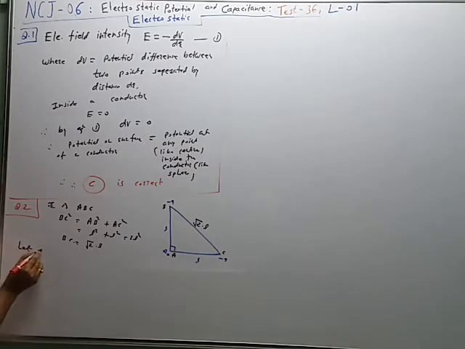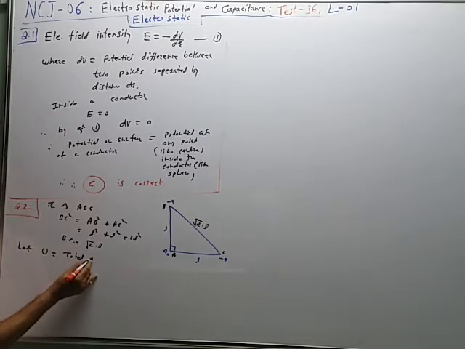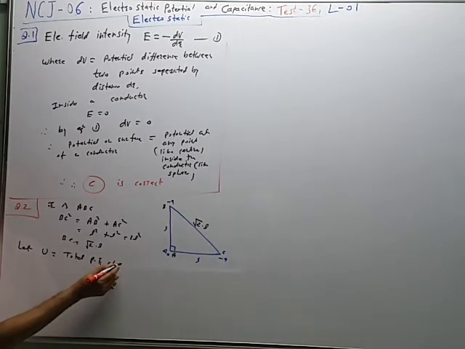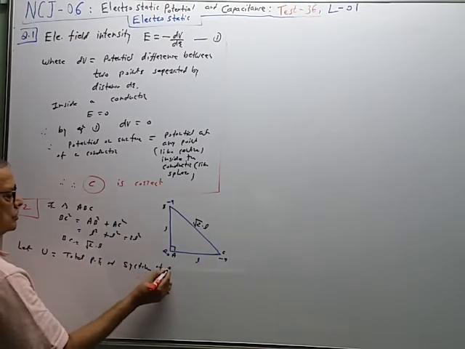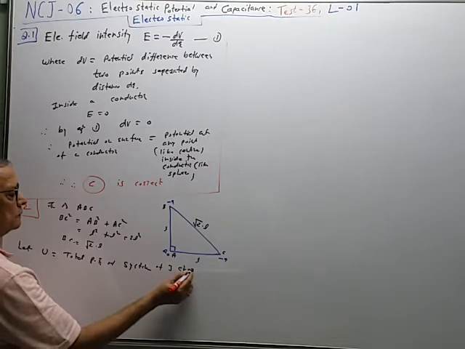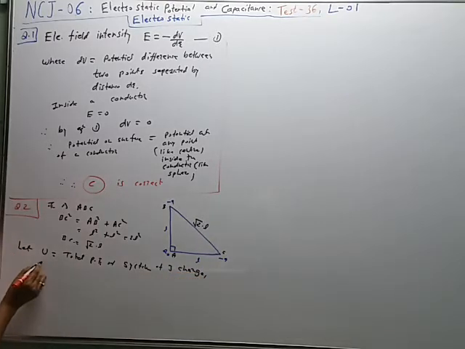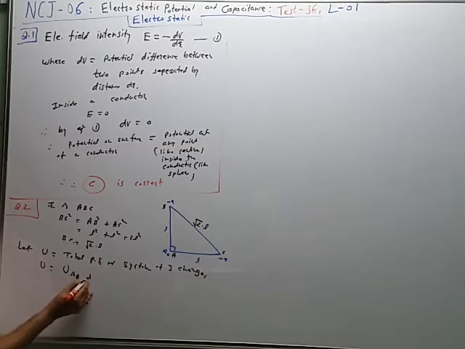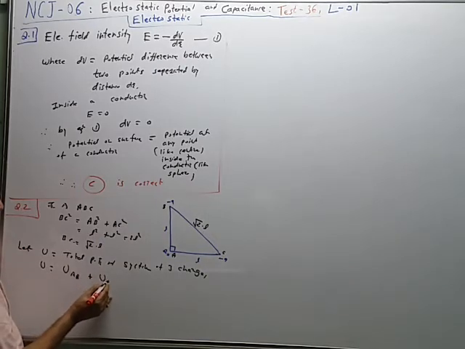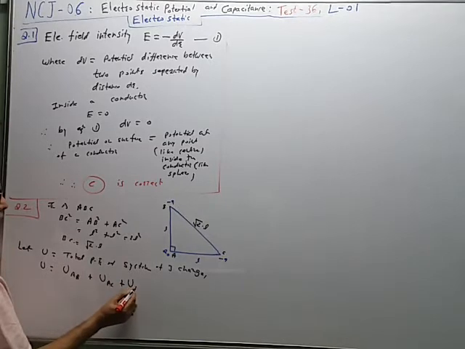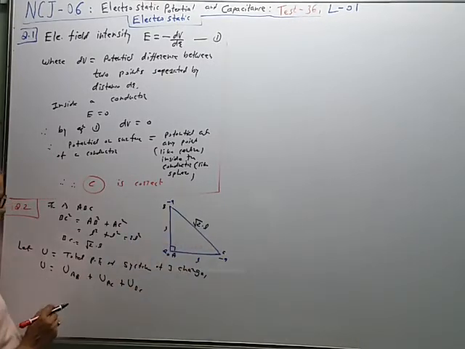Let U is equal to total potential energy of system of three charges. So U is equal to UAB, the potential energy of these two charges, plus UAC plus UBC, these two charges.